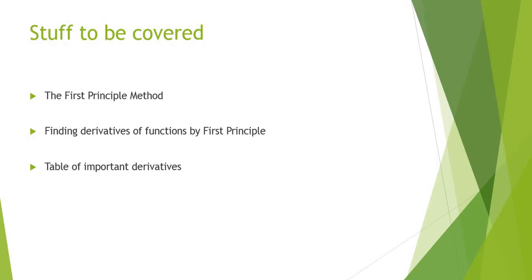So here's what we're gonna do today. We're gonna be revising the first principle method that I introduced in the last video, so please check that out if you haven't already.